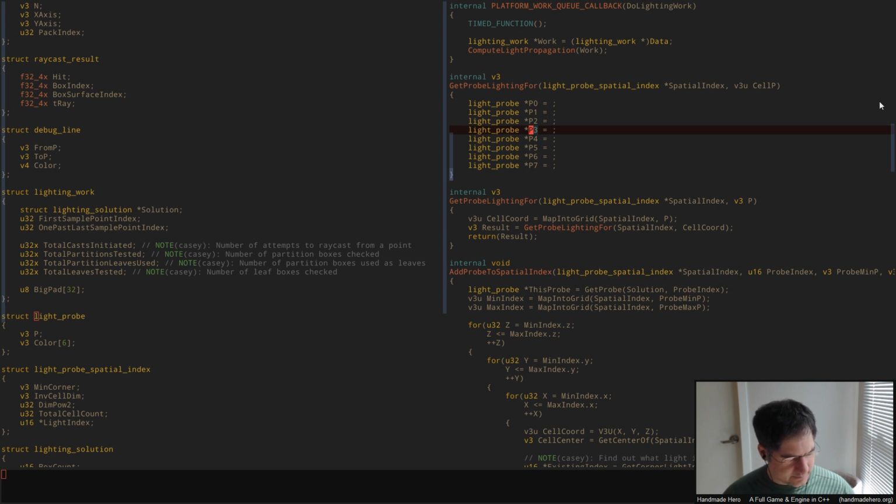I would think. But I don't know. It's hard to say, right? Because there's 2 ways we could do this. One is that you light with all 8 probes, and then you blend the results. The other is you blend the probes, and then light with just one, with just that composite result.